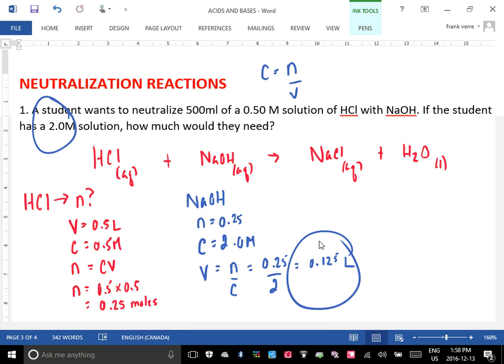And this is not something you're going to deal with in grade 11. In grade 12, you will deal with this. Here we looked at a scenario where the acid and the base are both strong acids and strong bases. Now, what that means is that when HCl goes in water, it will dissociate into what 2 ions?